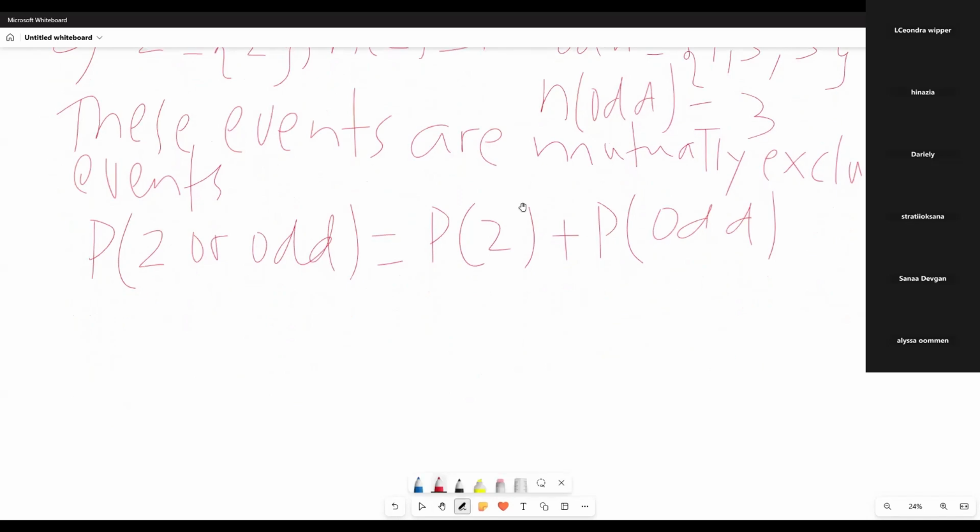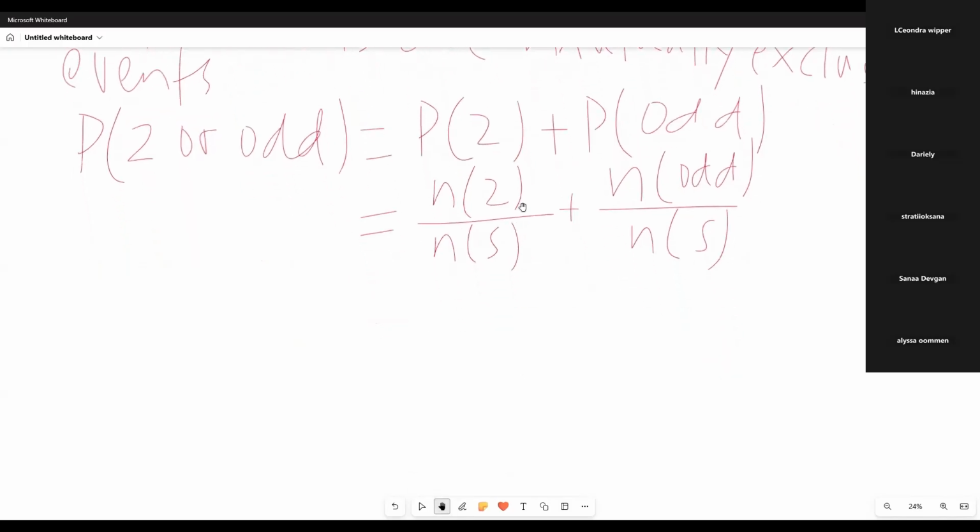So that gives you n of 2 over n of S plus n of odd over n of S. That's 1/6.